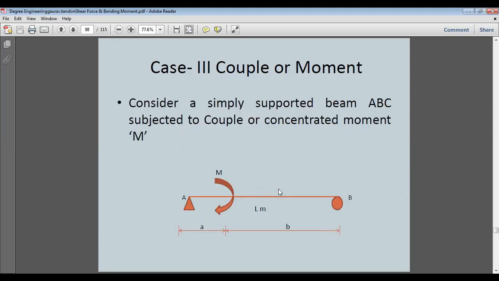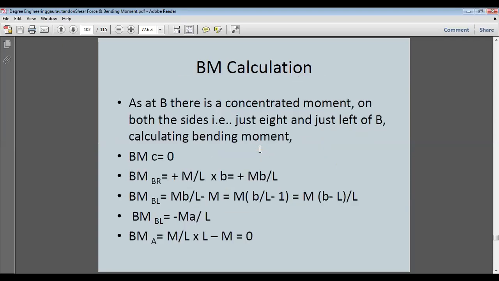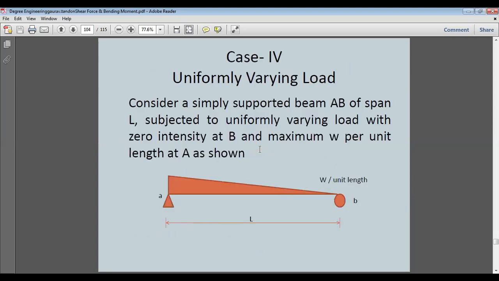Now we come to the example that we have already discussed. Let's discuss it again. This is point A, this is point B. It is a uniformly varying load again.